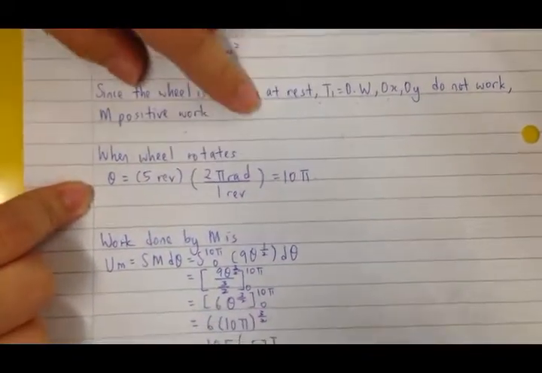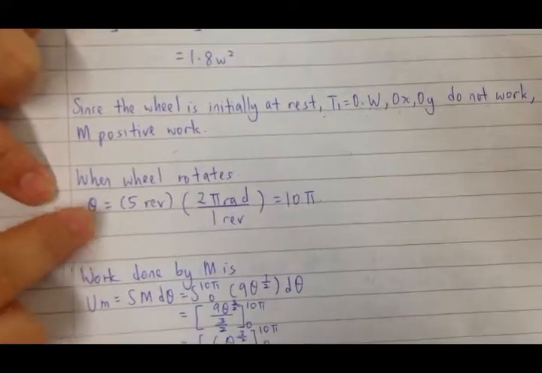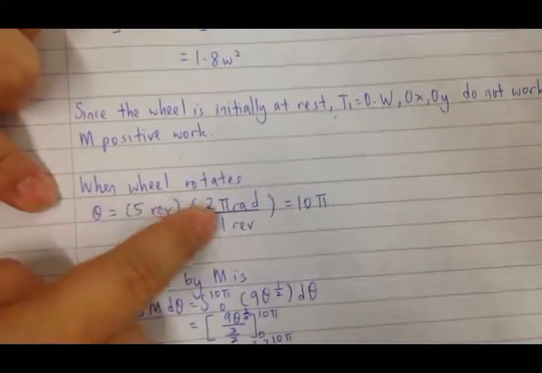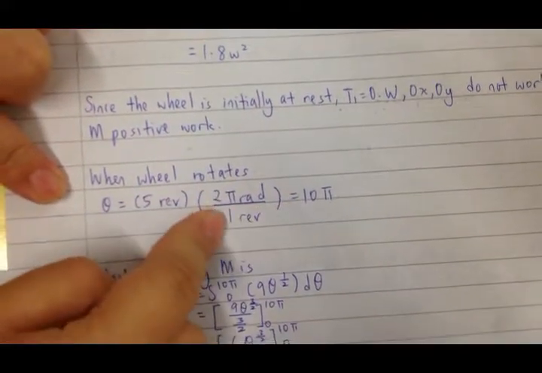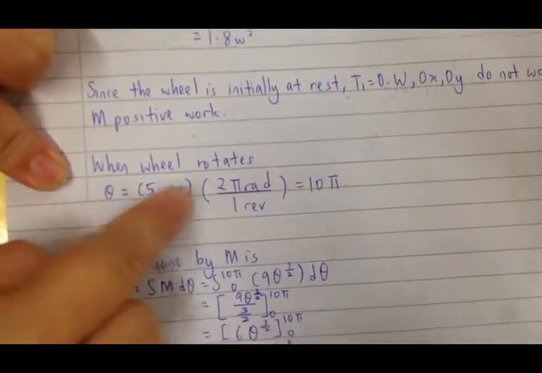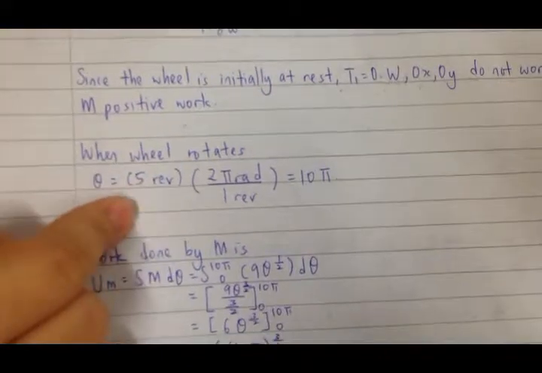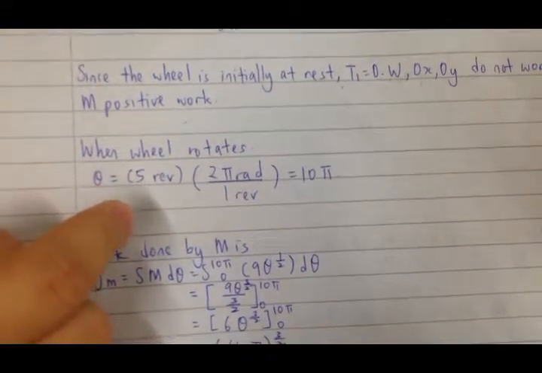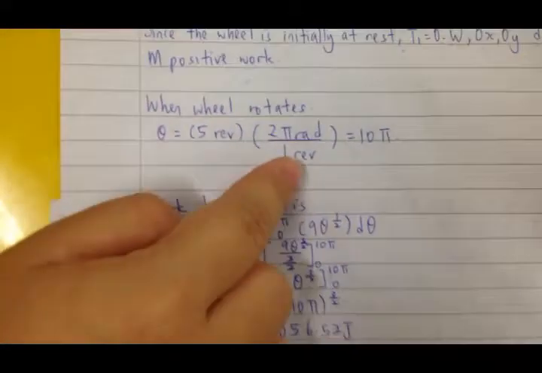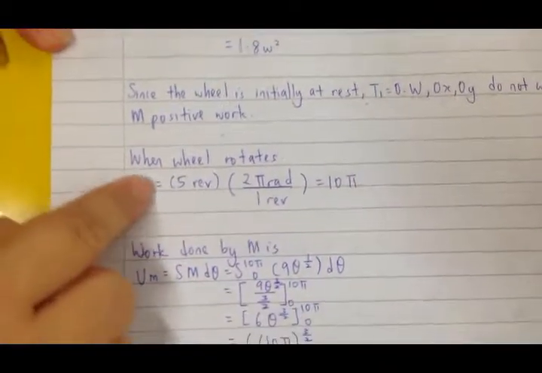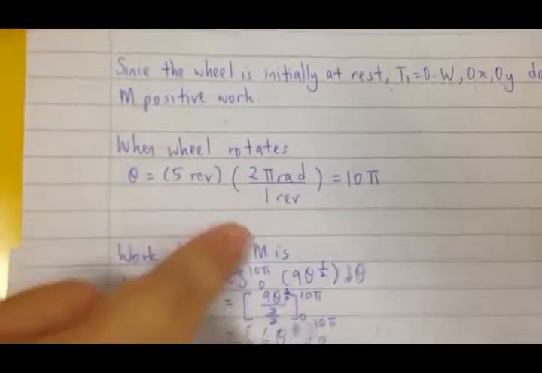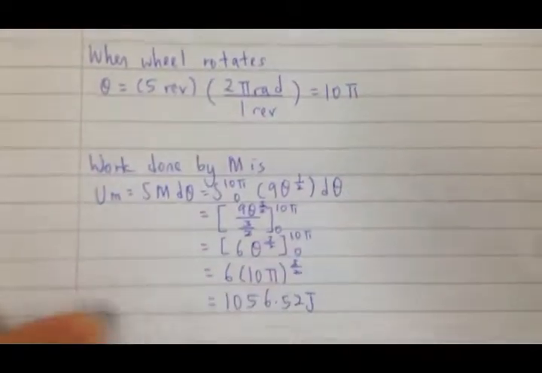When the wheel rotates, theta equals 5 revolutions times 2 pi radians over 1 revolution, and we get 10 pi. We use 5 revolutions because the question has mentioned that the wheel has rotated 5 revolutions, and to get theta, we use this formula and we get 10 pi.